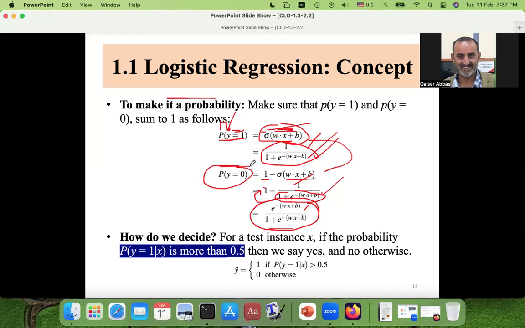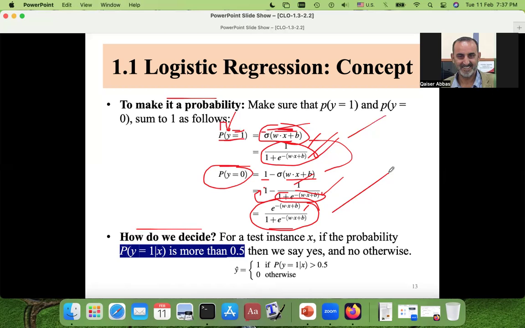Now the question is, we have these probabilities, but how can we decide? We have the probability values. It can be 0.7 something or 0.6 something or 0.2 something, 0.1 something. We are discussing logistic regression stepwise, okay?